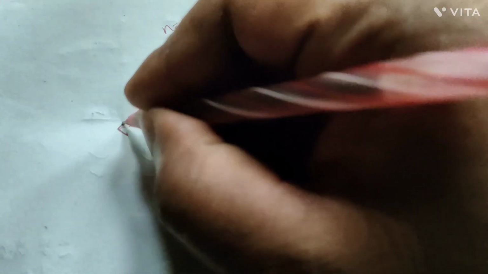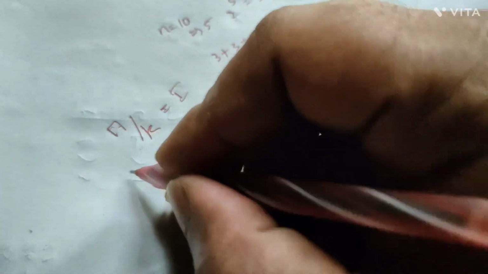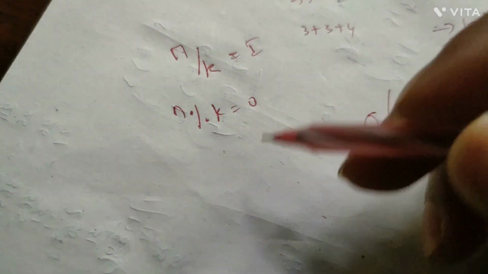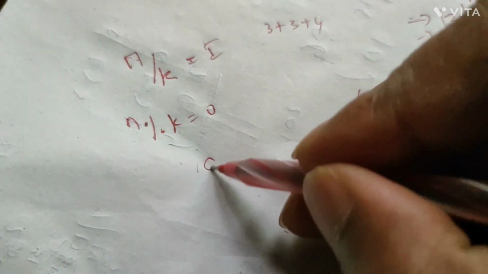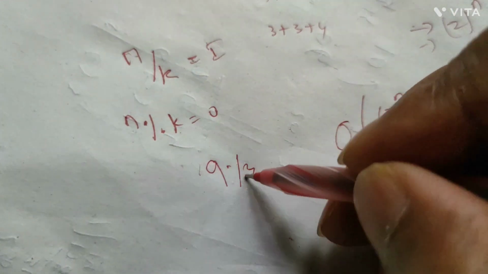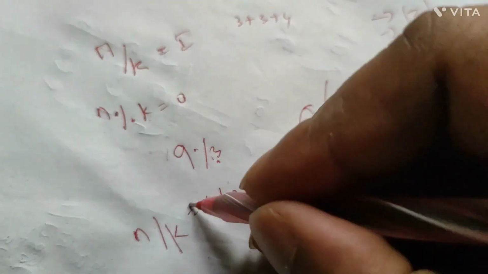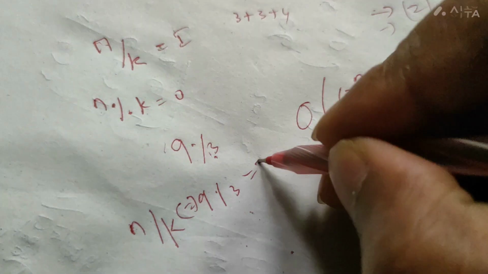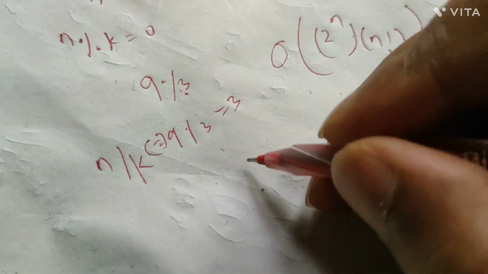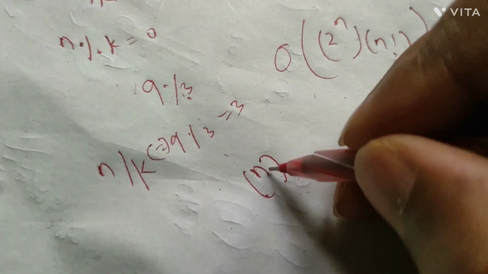The approach is this: if the number n is divisible by k, so n divided by k is an integer, that means n modulo k is equal to 0. This is the easy case. For example, 9 is divisible by 3, so n by k is 9 by 3, which is equal to 3.